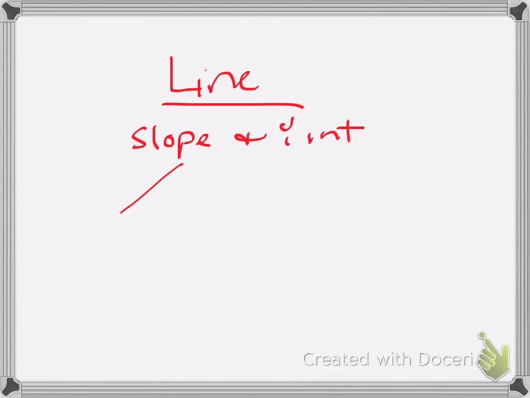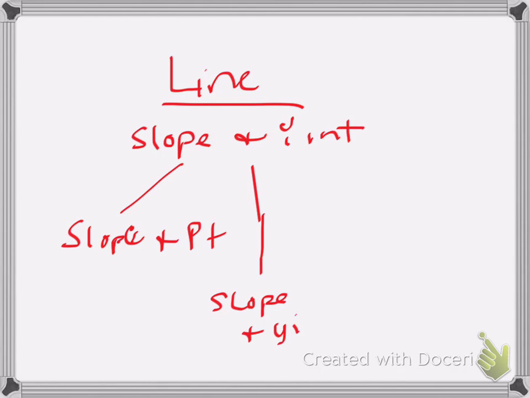I can find it with a slope and a point. Sorry, I'm writing with my finger. I can find it with 2 points, or with our slope and our y-intercept. Or we can do it with 2 points. Does everybody understand that?